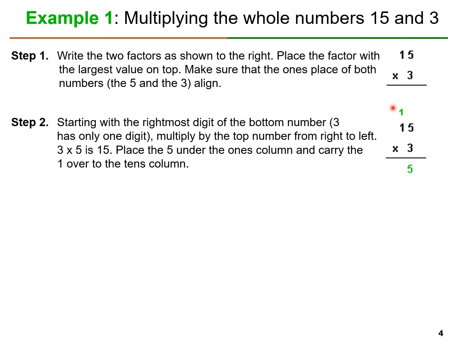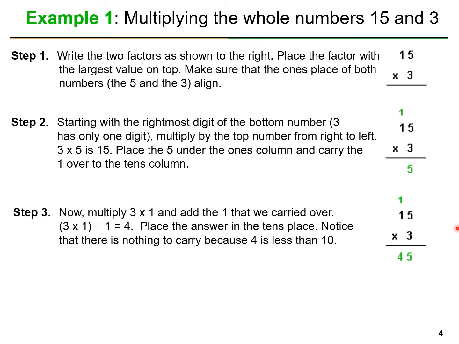We carry the 1 over to the tens column. The 1 here in the number 15 is in the tens column. So again, we place the 5 here under the ones column and carry the 1 over to the tens column.